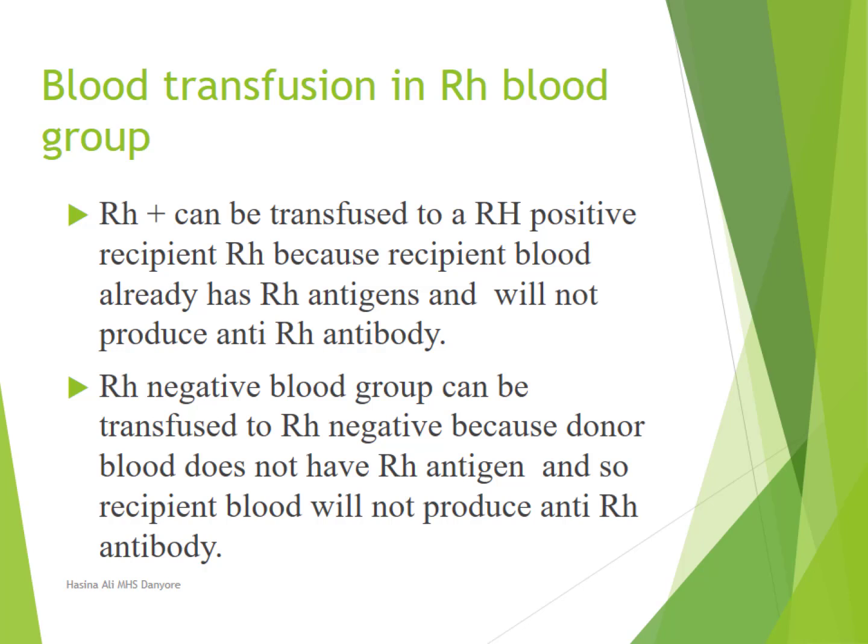Rh positive can be transferred to an Rh positive recipient because the recipient blood already has Rh antigens and will not produce anti-Rh antibodies. Rh negative blood group can be transferred to Rh negative because donor blood does not have Rh antigen, and so recipient blood will not produce anti-Rh antibodies.